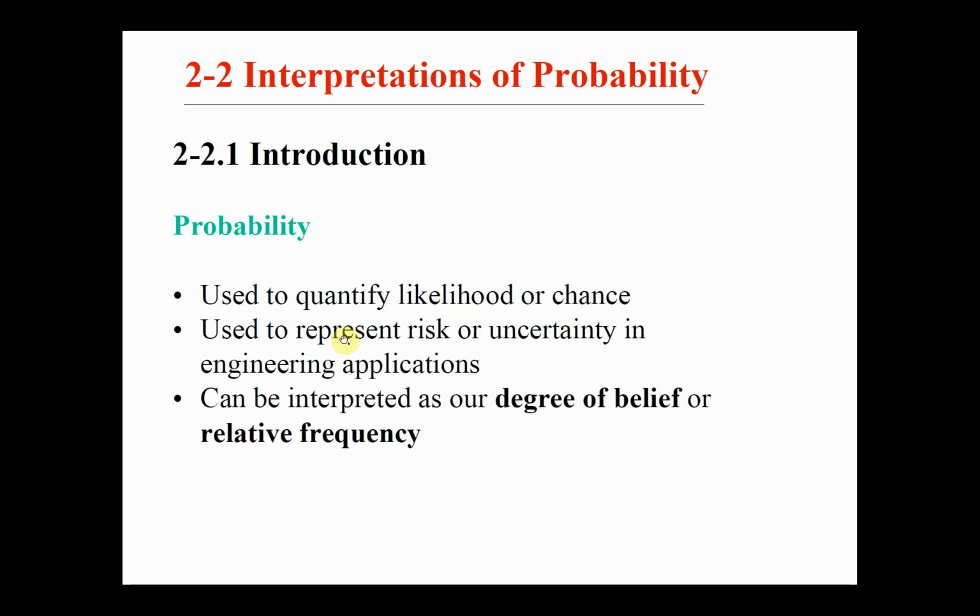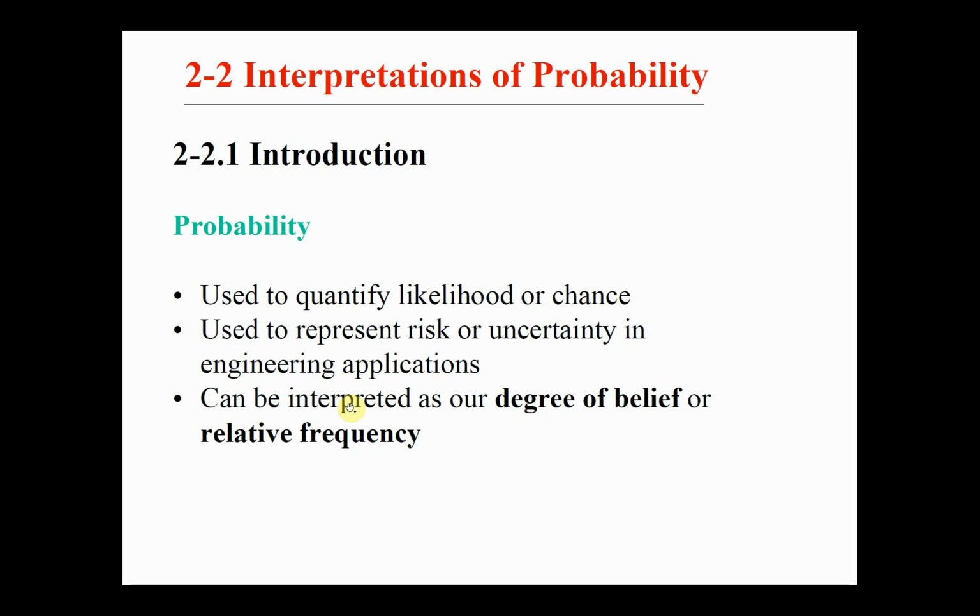In many contexts, probability is used to represent the risk or uncertainty in engineering applications. Like if we have a machine, what is the probability that the machine fails? Or what is the probability that the machine fails after a certain number of hours? All this is a reflection of risk in engineering systems, or uncertainty, like in finance and similar applications as well.